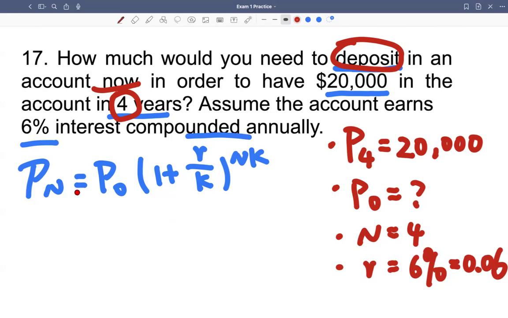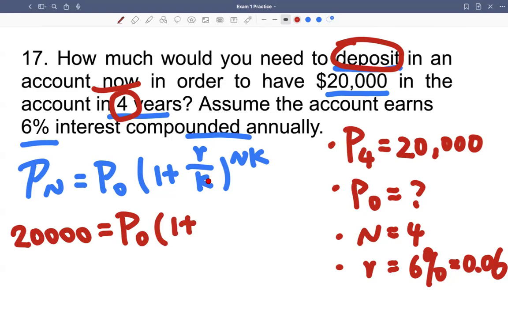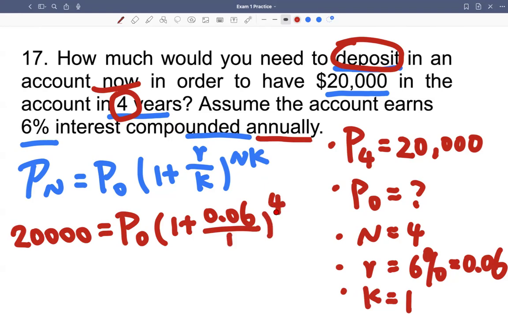All right, so let's put it into the calculator. So we know P4 is 20,000. We do not know P0. We will try to find P0. Then 1 plus R, which is 0.06. Oh, we didn't identify K. Let's identify K. Compounded annually. Again, K equals 1. So divided by 1, then raised to the 4.